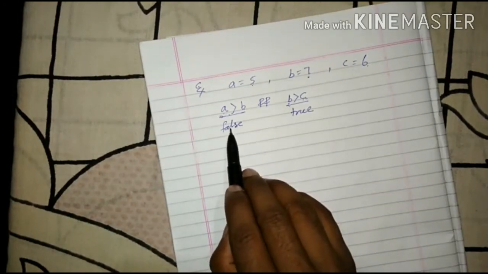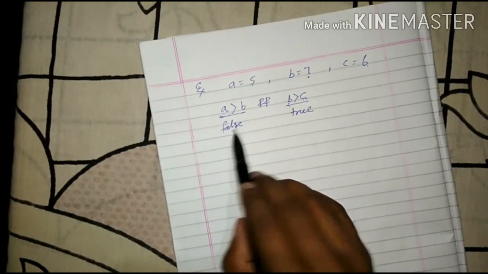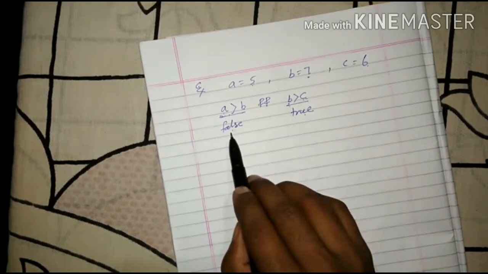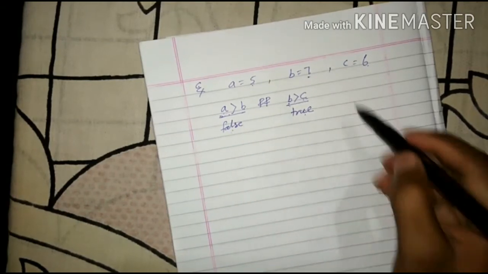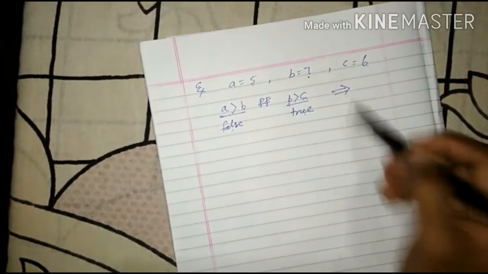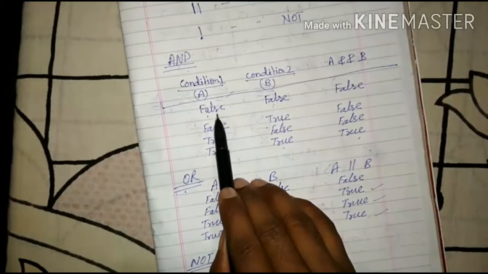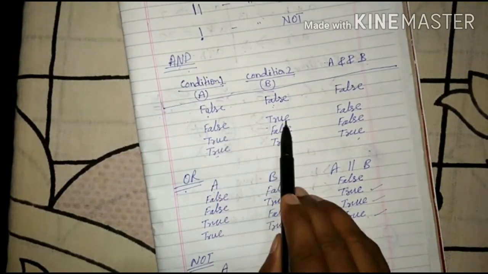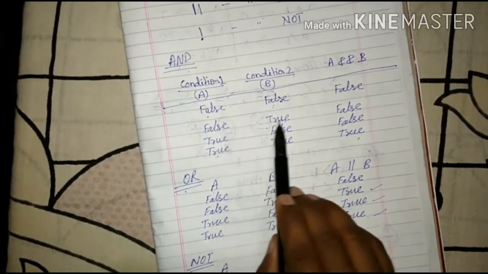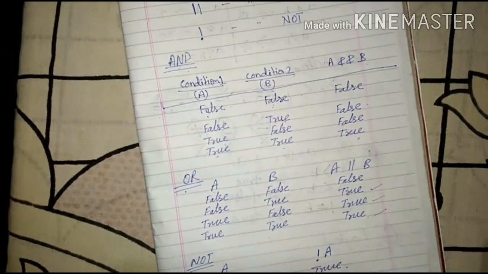It means the first condition is false, the second condition is true. False and true. Now, what will be the result? You can analyze this from the table. False and true will be false.